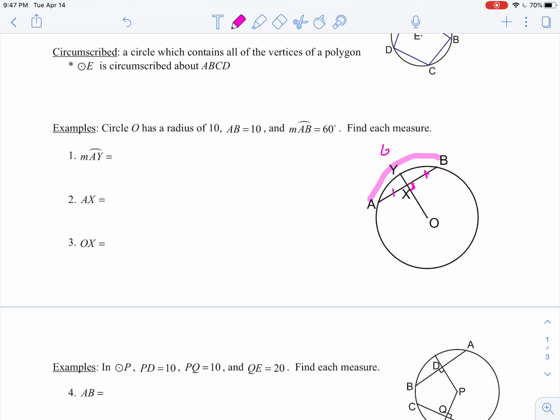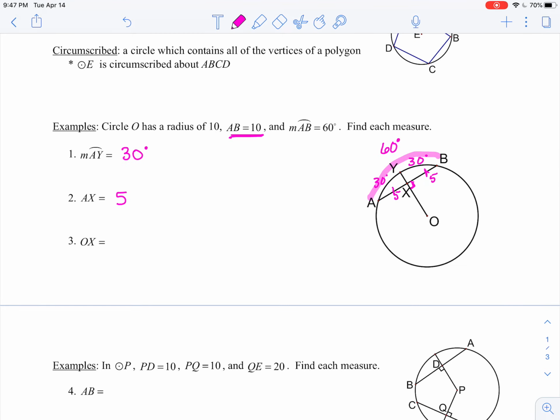If arc AB was 60 degrees, when it gets bisected, each half should be 30 degrees. Similarly, if chord AB was bisected, the entire length was 10 units, then each half must be 5 units. That will answer the first two questions. So the measure of arc AY is 30 degrees, and the length of line segment AX is 5 units.